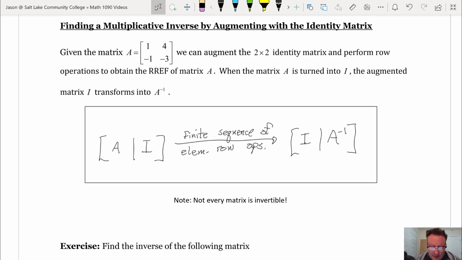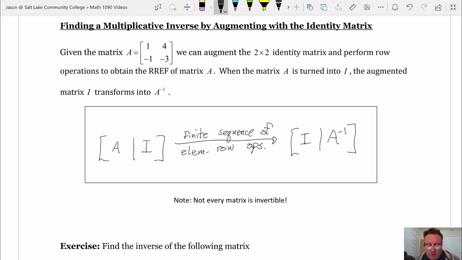You take the matrix that you want to invert, and it has to be a square matrix. You cannot invert a non-square matrix. So you take that square matrix A and you augment it with a square identity matrix of the same dimension. So if A is 3 by 3, then I also has to be the 3 by 3 identity matrix.